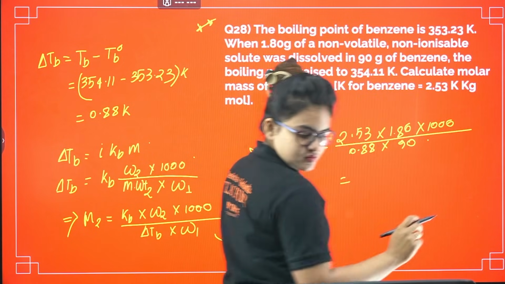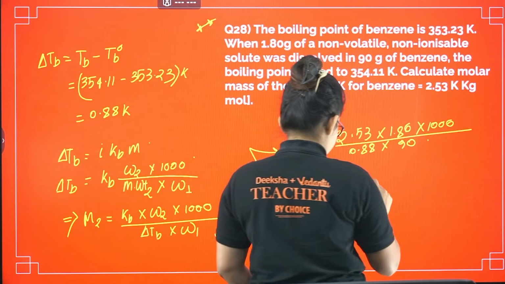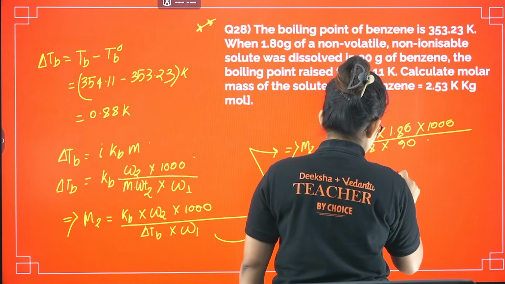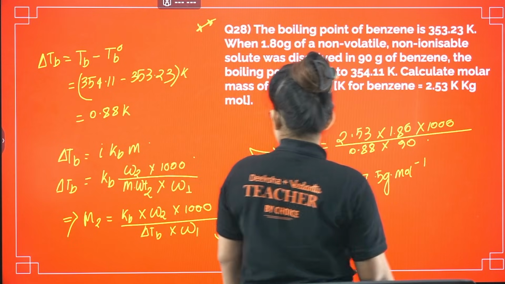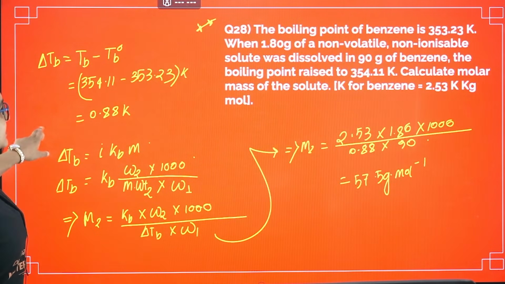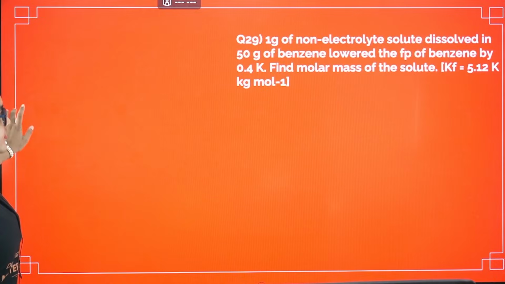So now if you calculate this, your answer will be 57.5 gram per mole. Okay, I guess it's clear to you. Let's proceed further.